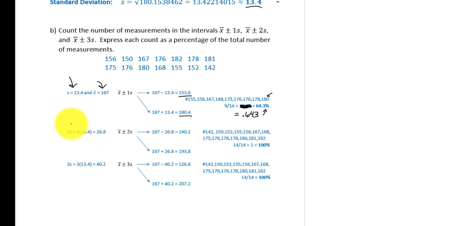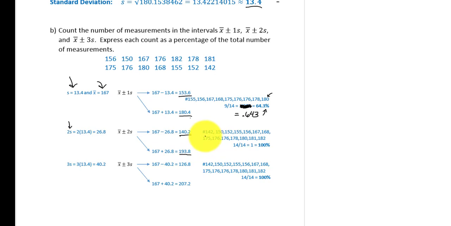Our next calculation, 2 times the standard deviation, or 2 times our 13.4, means we're either adding 26.8 or subtracting 26.8 from the mean. The results are 140.2 on the lower end, or 2 standard deviations to the left of the mean, and 193.8 would be 2 standard deviations to the right of the mean.